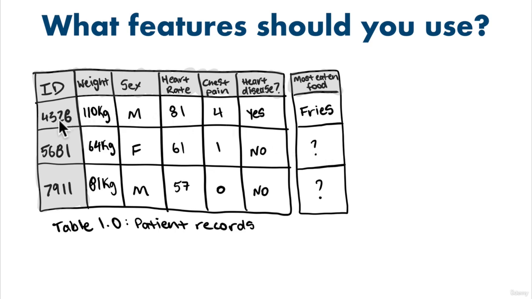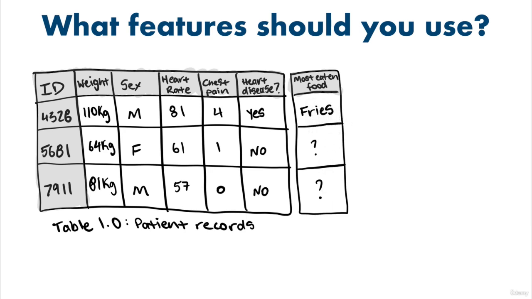So this one, patient ID 4328, has most eaten food, which is fries. Not ideal. And these other patients don't have it because, remember, only 10 out of 100 examples have the most eaten food. These ones are just missing. So if you can imagine there's 100 patients here, only 10 of them will have this most eaten food column filled.